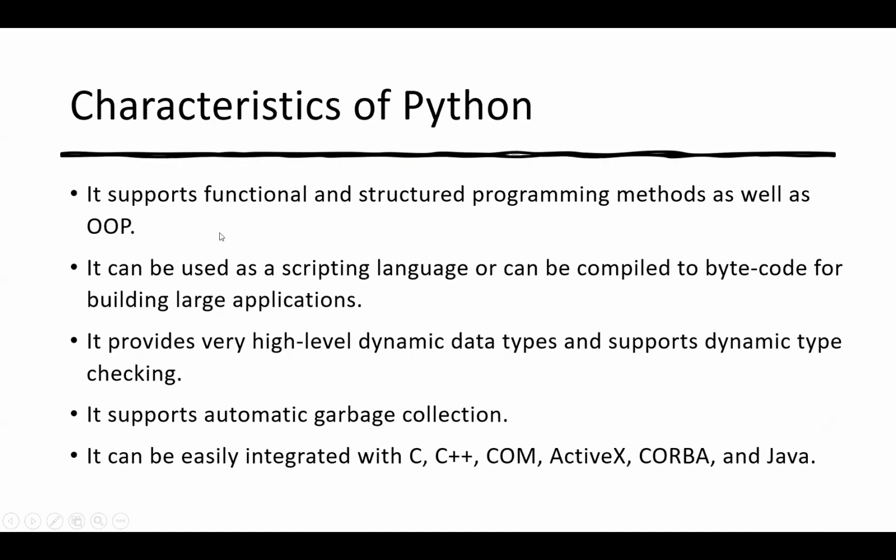And the characteristics of Python: it supports structured programming methods as well as object-oriented programming. This is a scripting language, supporting high-level dynamic data types, and it supports automatic garbage collection.